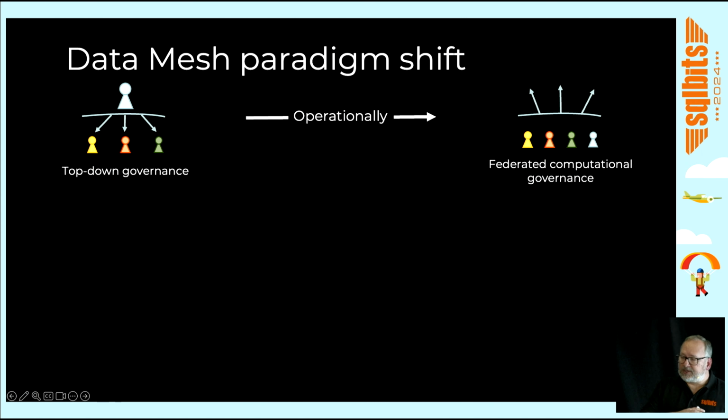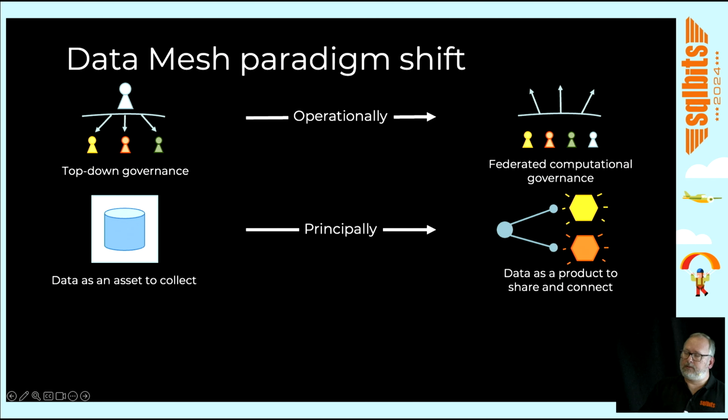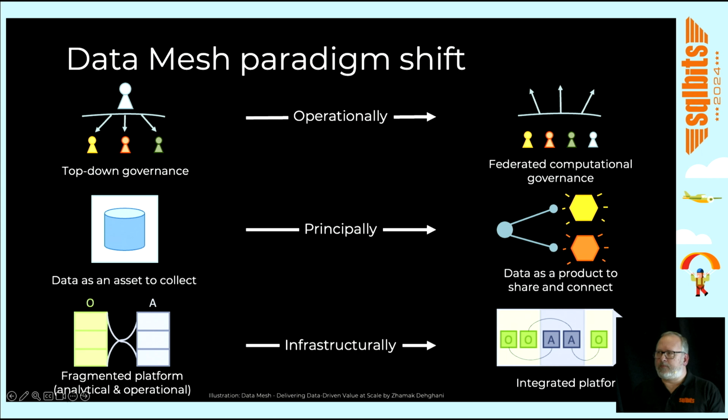And on an operational level, we move from top-down governance to federated computational governance. On the principal level, we move from data being an asset to collect to data as a product that we can share and connect. And on the infrastructural level, we move from a fragmented platform to an integrated platform.